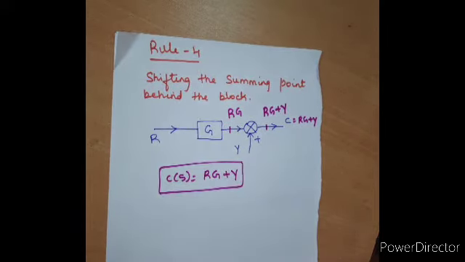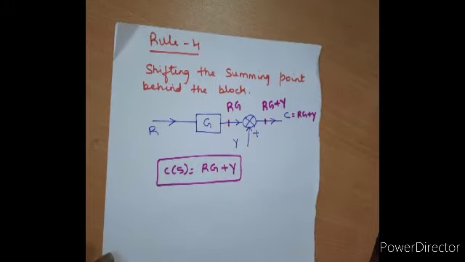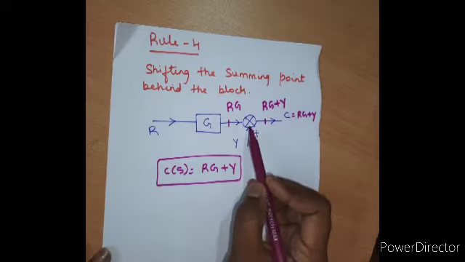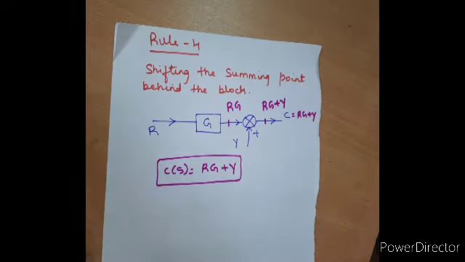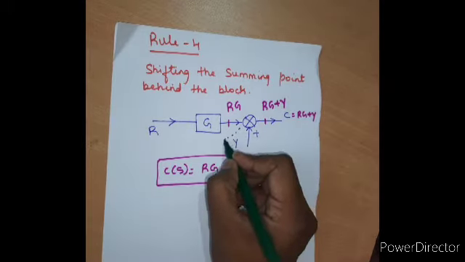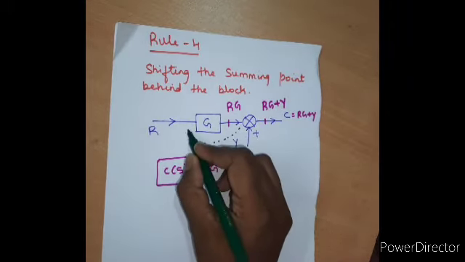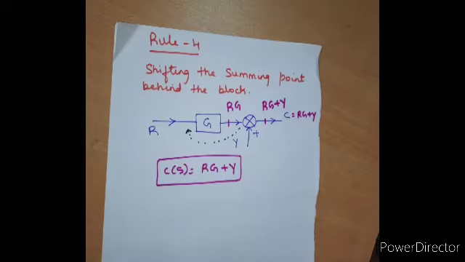For the given circuit. Now, what they have asked is, if I shift the summing point behind the block, this is called shifting behind the block. Then what will be my circuit?